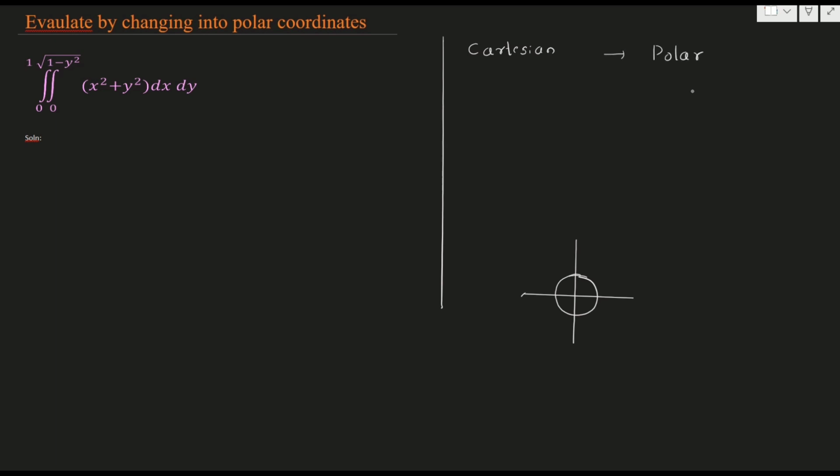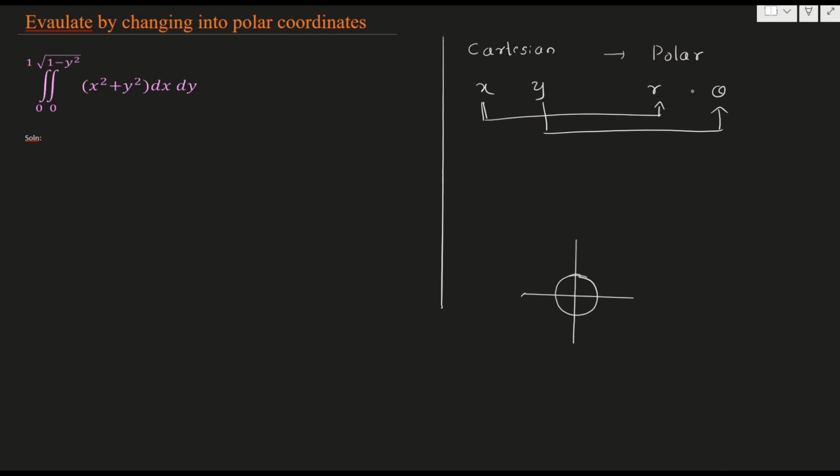Here in the example we will be given Cartesian, meaning x and y. Polar means we need to change them to r and theta. We change x to r and y to theta, replacing the limits.